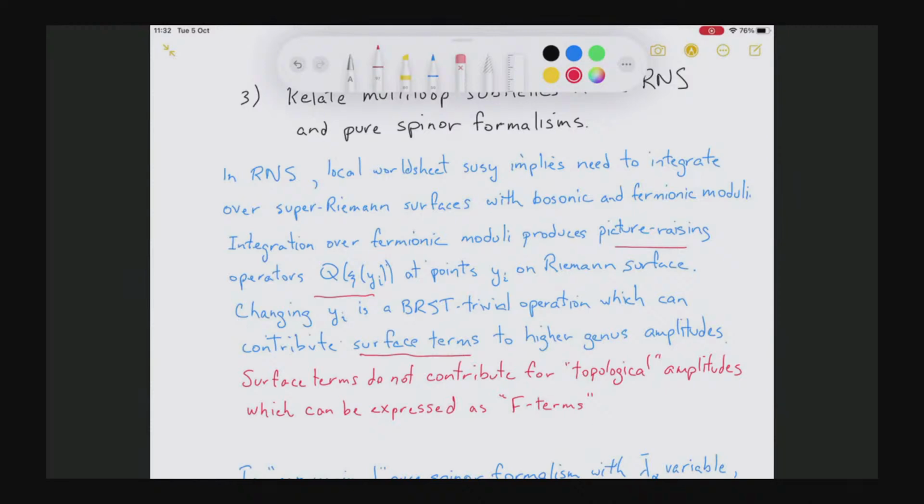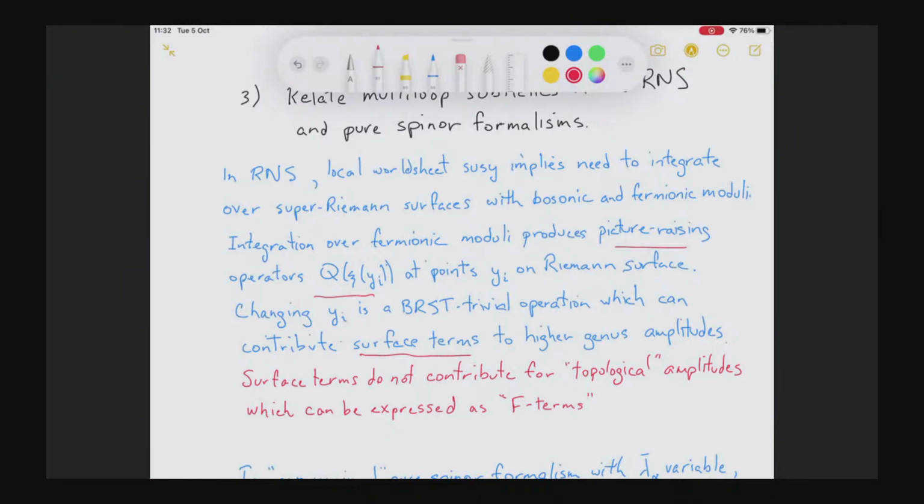I haven't been able to understand these papers, but it does have a similar flavor. So maybe you could try to study this directly in RNS by seeing what it means when the amplitude computation preserves a subset of the space-time supersymmetry, and why that somehow helps.